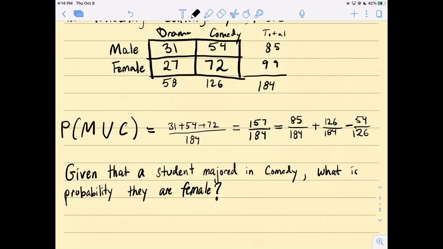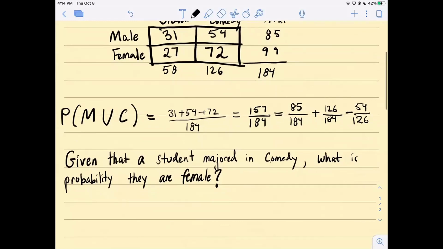The notation for this is the probability of being a female given that we know that the student majored in comedy.